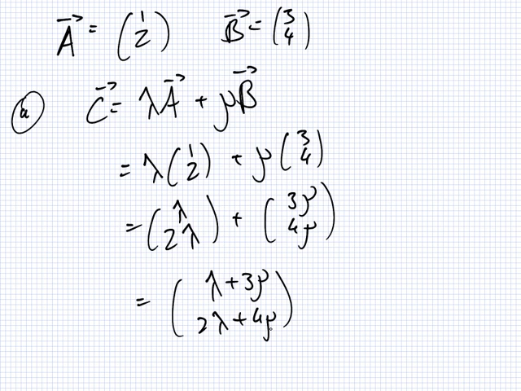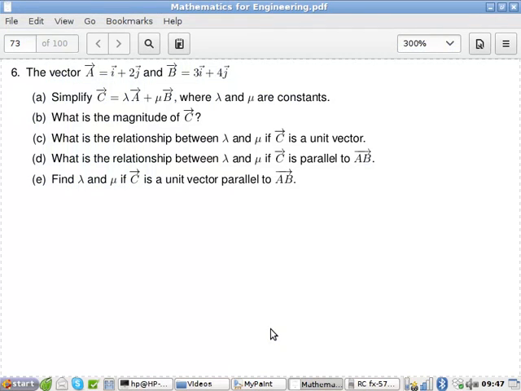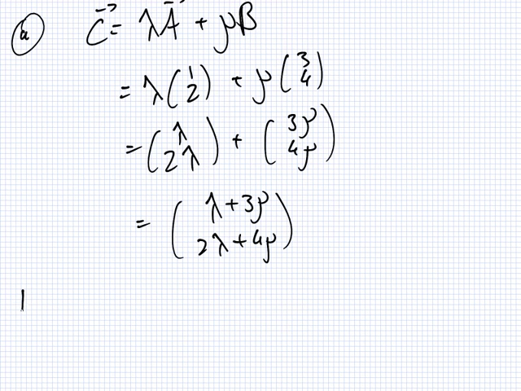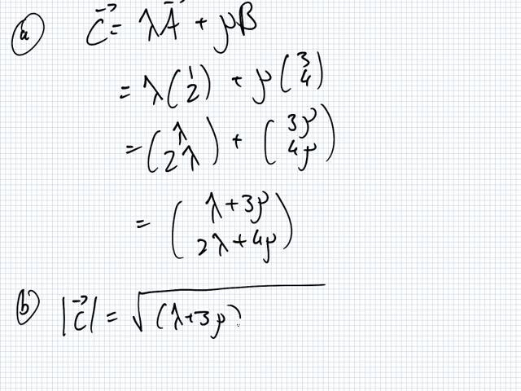Okay, got that? Part B now. What is the magnitude of C? The magnitude of C will be the square root of (lambda plus 3 mu) squared plus (2 lambda plus 4 mu) squared. It will be a bit of a pain, but let's go for it.